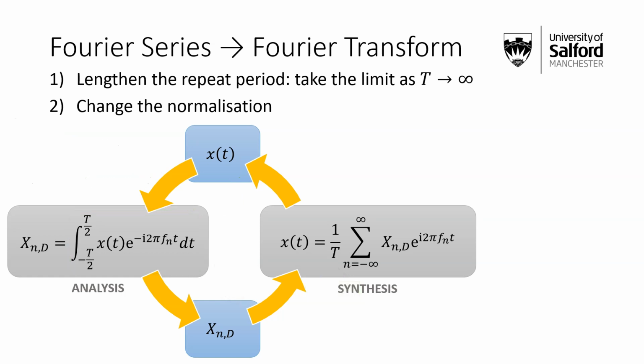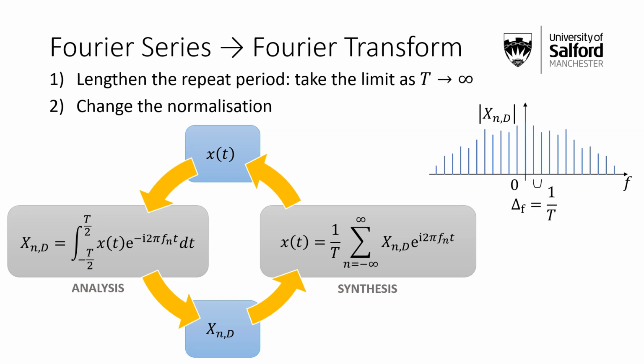So what's going to happen next? Well, this 1 over t on the left hand side now is something interesting in this synthesis integral, because it actually has a bit of a meaning. If we plot this on the graph again and we plot this spectra, you can see all these lines representing these different frequencies in the Fourier series and their different amplitudes xn,d, but they're all spaced by 1 over t.